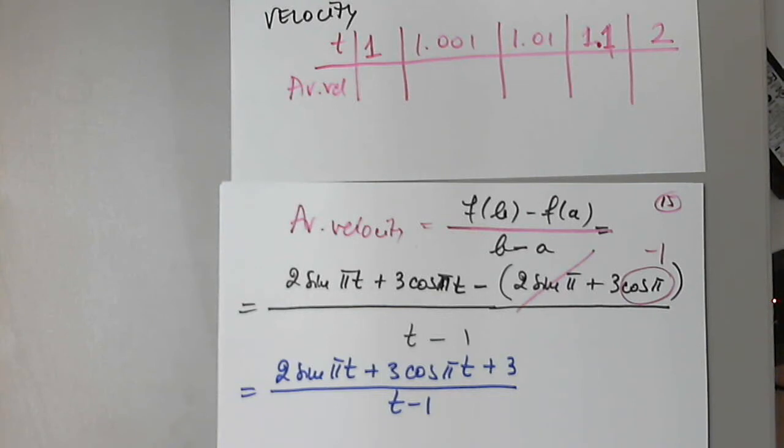Okay, one more time. 2 sine pi x. Close the parenthesis. Plus 3 cosine pi x. Close the parenthesis. Don't forget plus 3. Close the parenthesis for the numerator and divide by parentheses x minus 1.